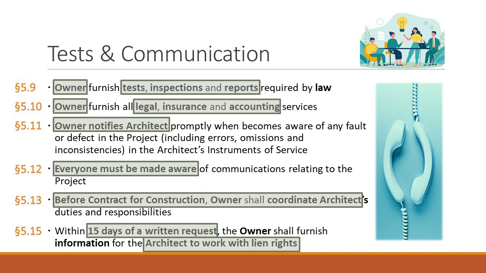I hire an architect to design my house. The architect hires an electrical engineer. The electrical engineer provides $10,000 worth of services and doesn't get paid. But the services for the electrical engineering in the house are part of the drawings. And so when the house is built, the owner is getting the benefit of those $10,000 worth of services.